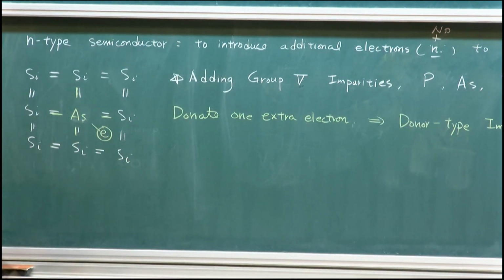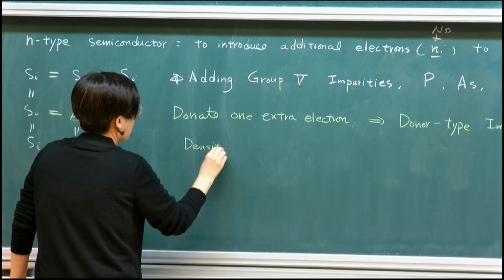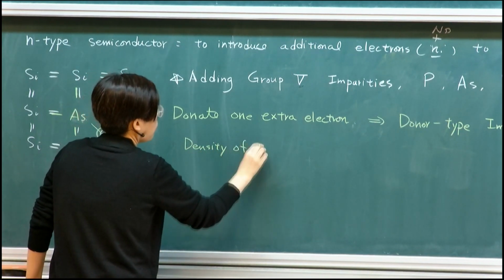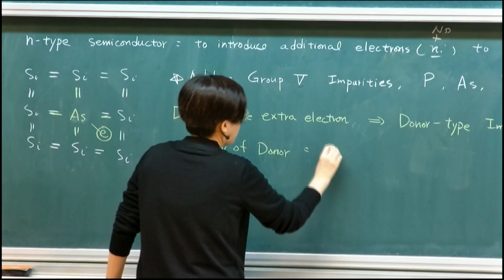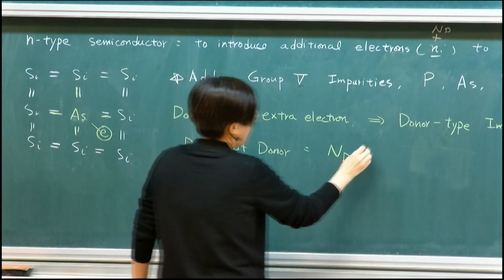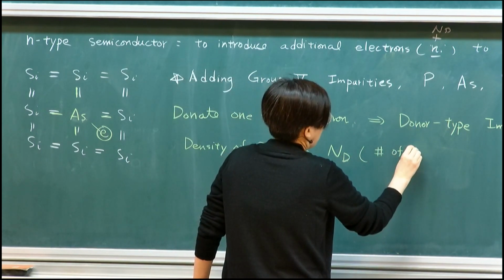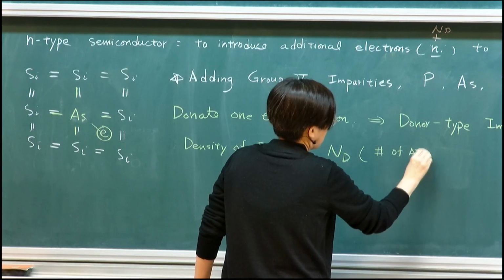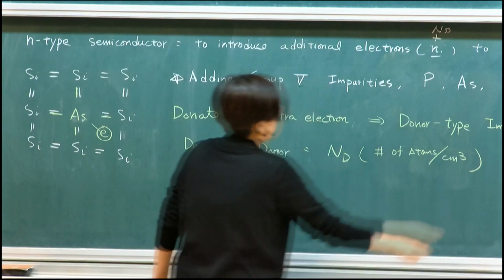So the doping density, the density of donors, is referred to as ND, and also in units of number of atoms per cm3. Okay?